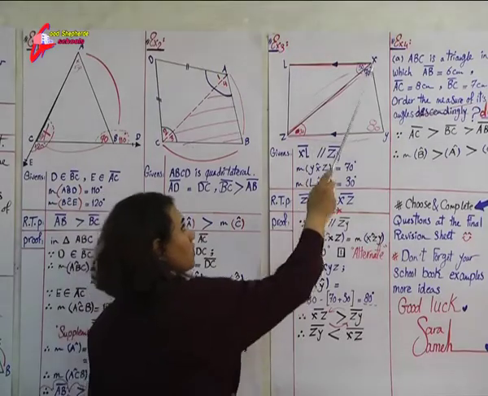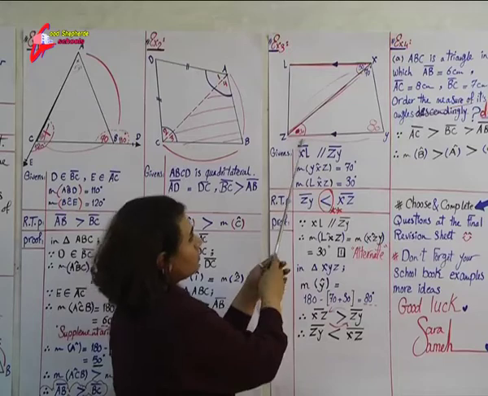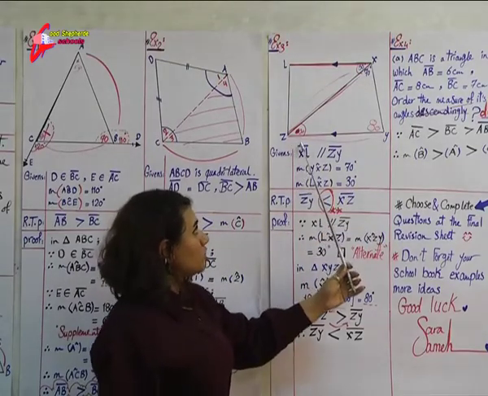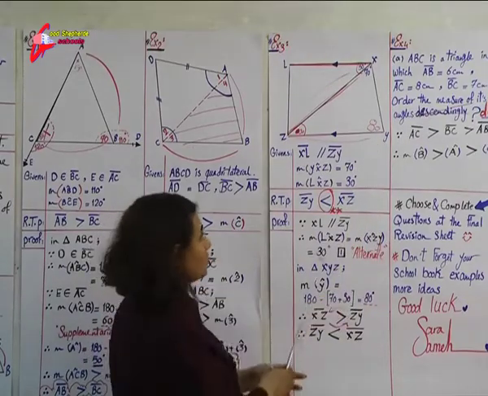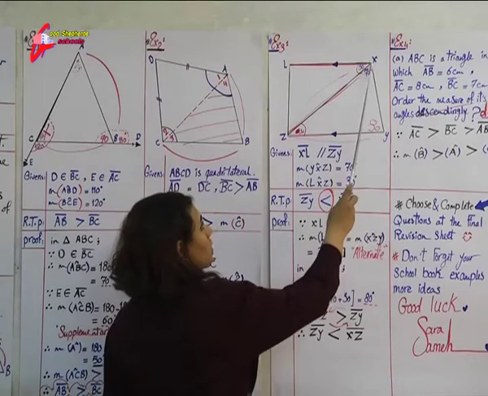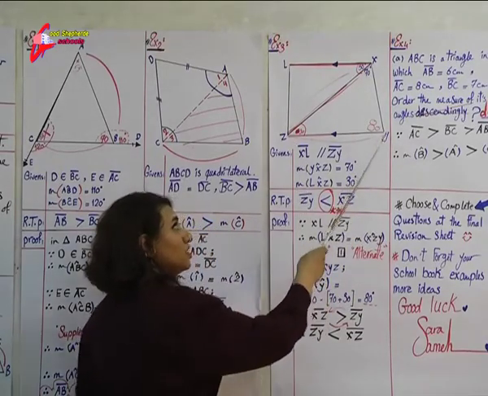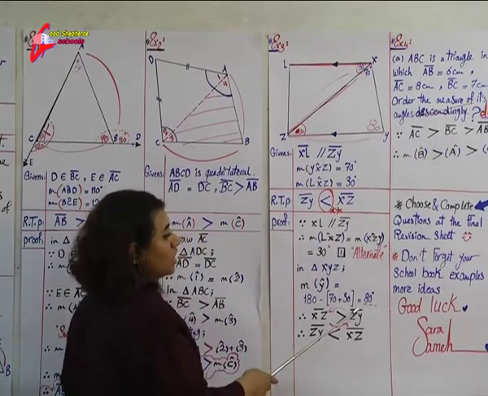In triangle XYZ, this one is 70 and this one is 30, which are given. Now you can find the 80 degrees by yourself by finding 180 minus 70 plus 30. You will find that the measure of angle Y is 80 by using the properties of the triangle.